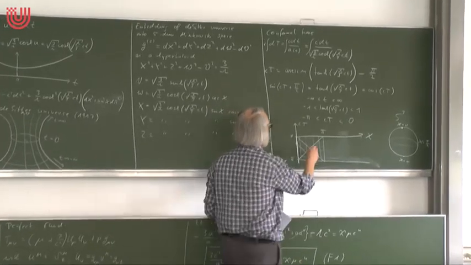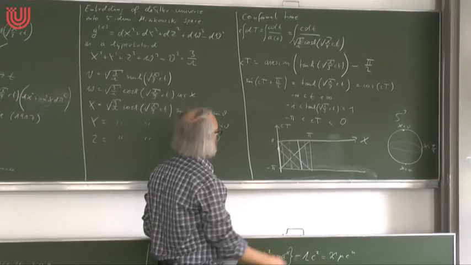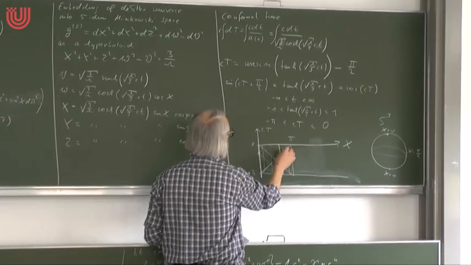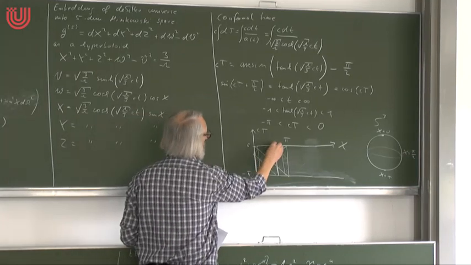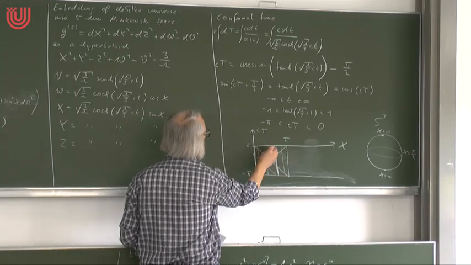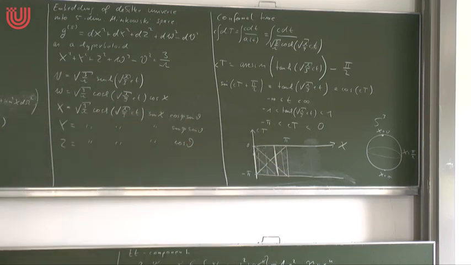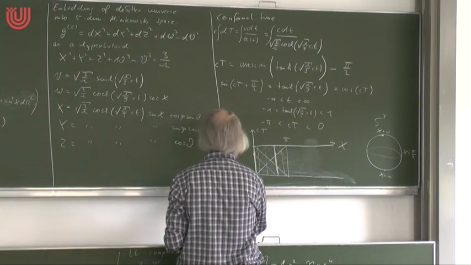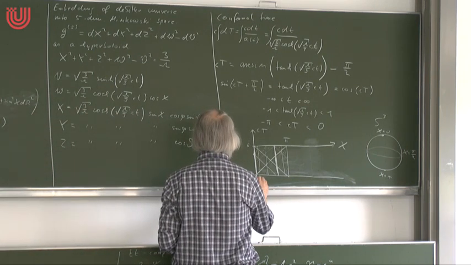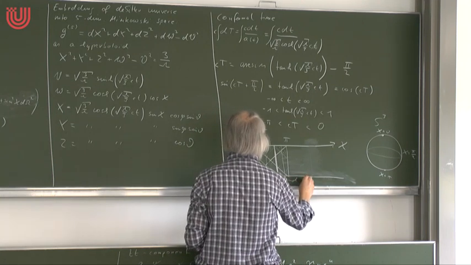And similarly, if you ask about the event horizon of this particle, then you see again there is an event horizon. So there are events which this particle will never see, namely these events here and these events here. So there are event horizons and particle horizons. So event horizons and particle horizons exist.